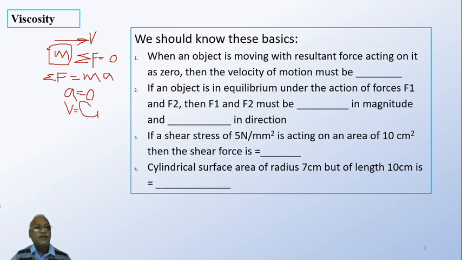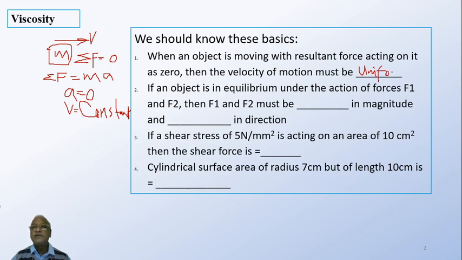So if it is a constant, then it is a uniform motion. That's what we can say. So here it is a constant velocity motion, or a uniform motion. Uniform in the sense without any acceleration, it just goes on with the same velocity.